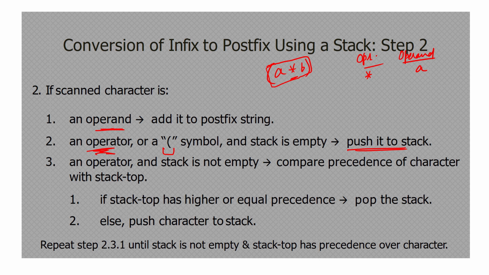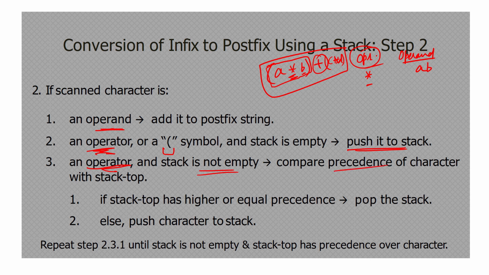If an operator comes and the stack is not empty, then I would have checked for the precedence. Suppose plus has come up after a into b, and I want to do c into d also. So after multiplication and after putting b here, this plus came up. Now this is the case: an operator has come and the stack is not empty because star was already there.